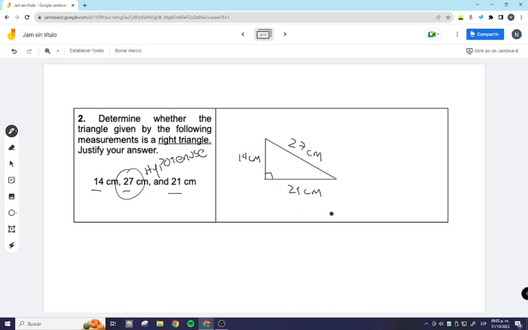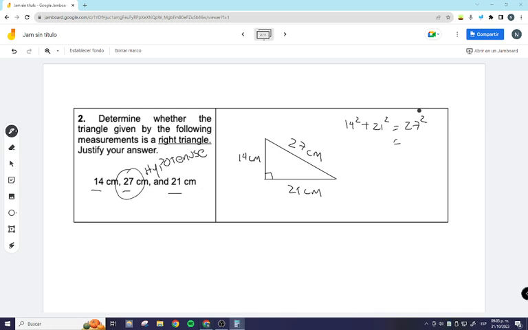If this were a right angle triangle, you could do the Pythagorean theorem, and 14 squared plus 21 squared should be equal to 27 squared. Okay, let's continue and see if this is true or not.